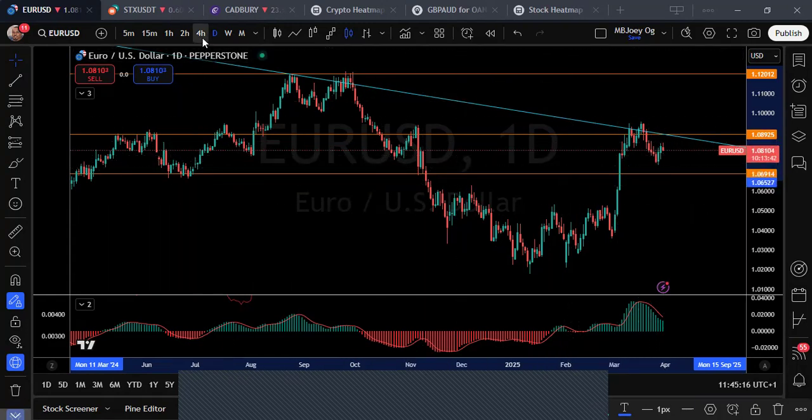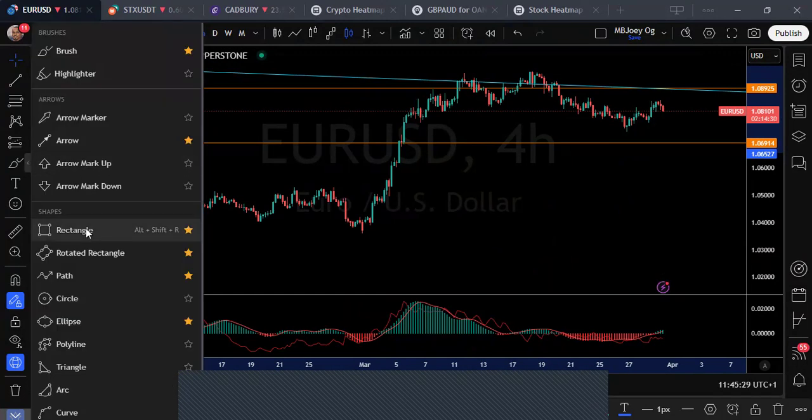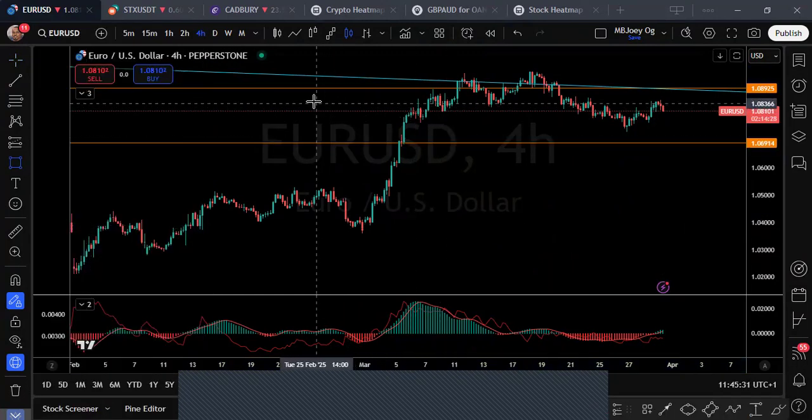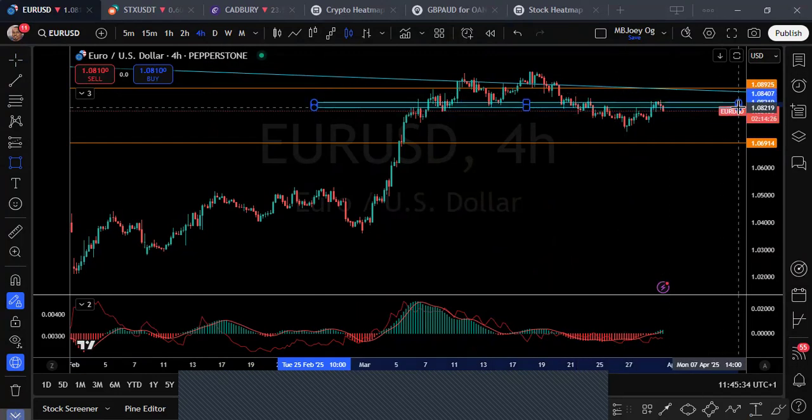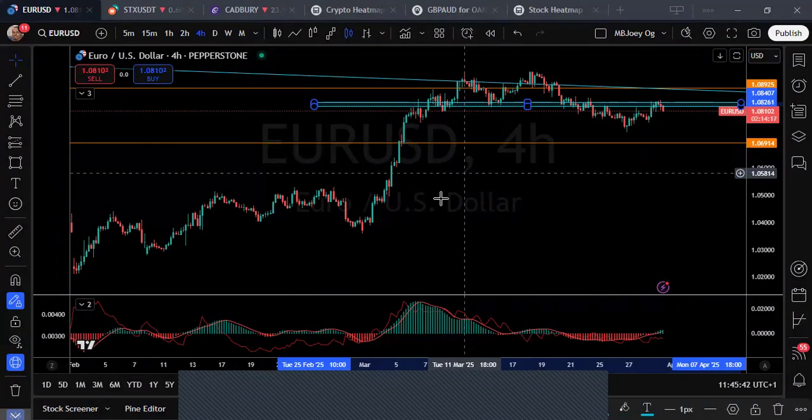If we look at it on 4 hours, this doesn't look very clean like I would have loved it, but it's also within a good space for trading.